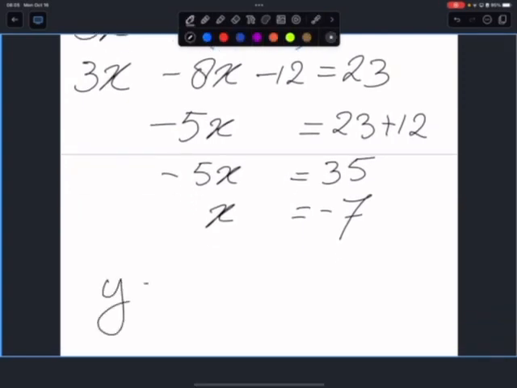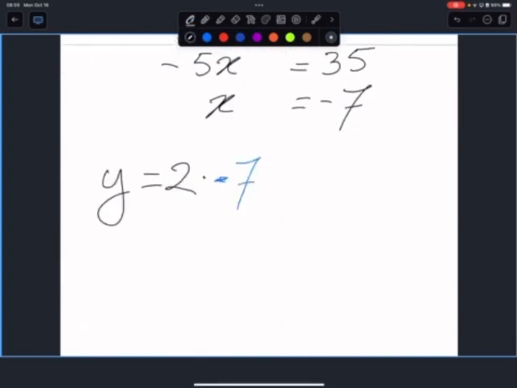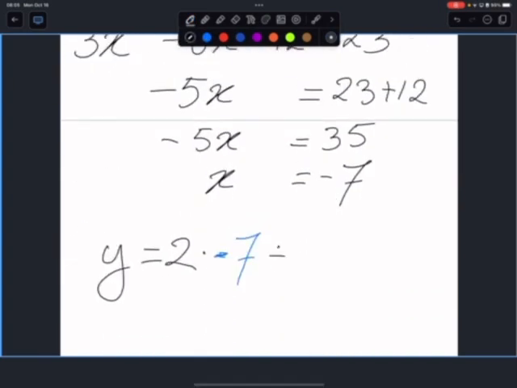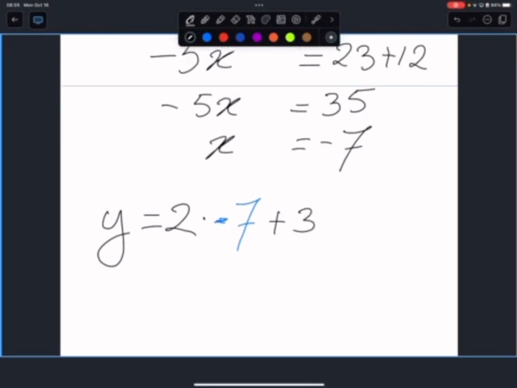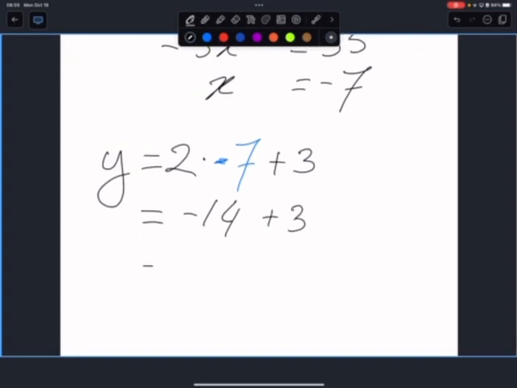So y equals 2 multiplied by, there is my answer, minus 7, plus 3. So y equals minus 11.